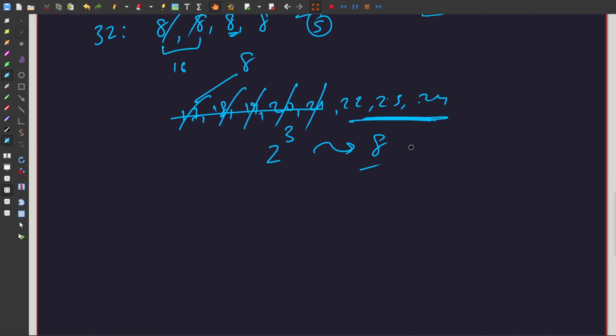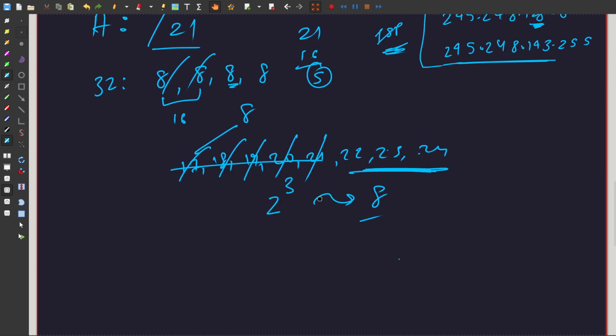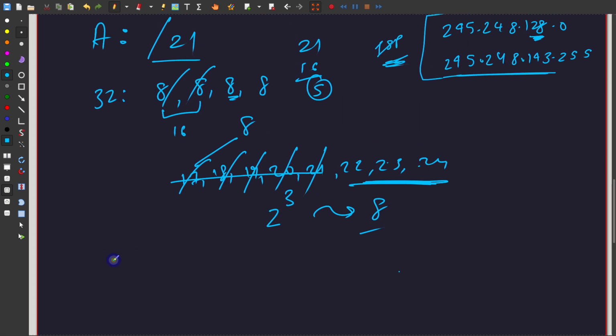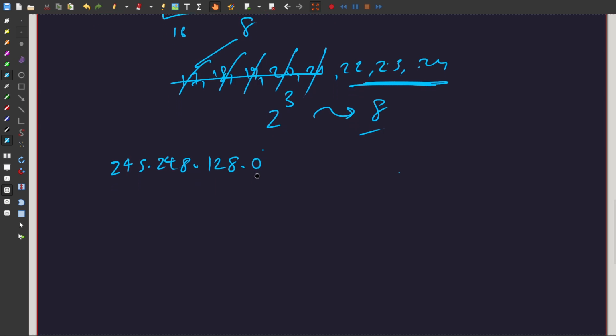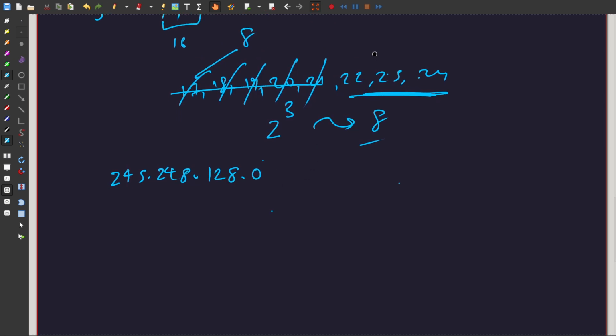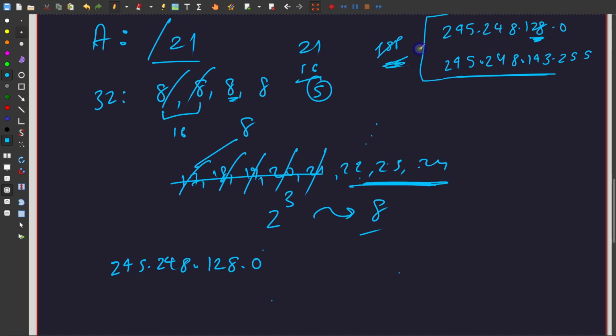Now what does this mean? The address was 248.128.0. Now we have to ask ourselves, the ISP actually owns this much. Now how will it look if I do the blocks of 8?